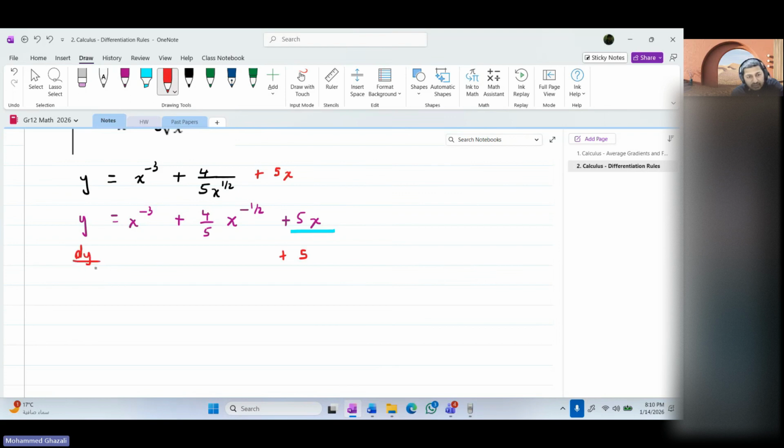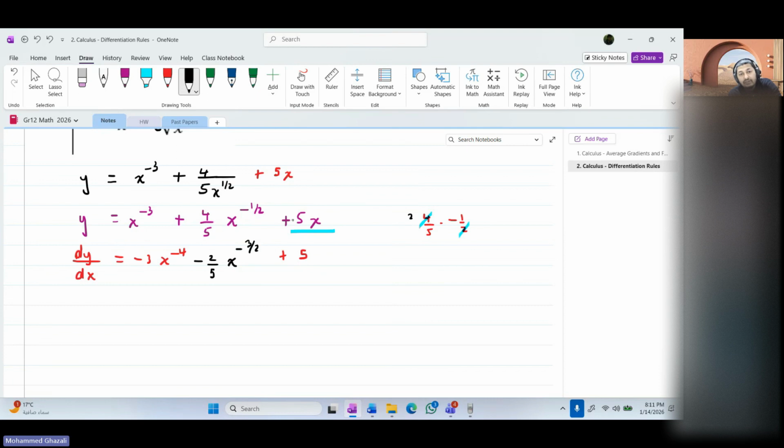Remember what we're finding, dy/dx, which is negative 3 times 1, negative 3, x to the power negative 4. Now this is where the trick is. 4 over 5 times negative half. Remember, we're taking 4 over 5 times negative half. Simplify. So you can see clearly the 4 and the 2 cancel out 2 times. So it's negative 2/5 x to the power negative 3 over 2.